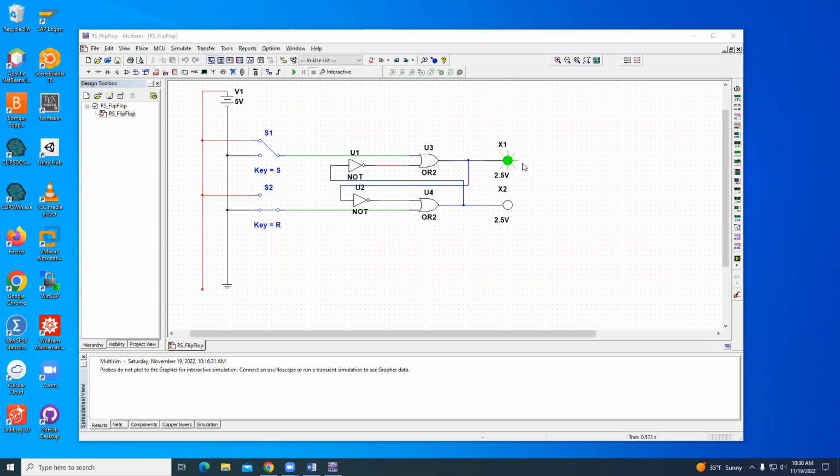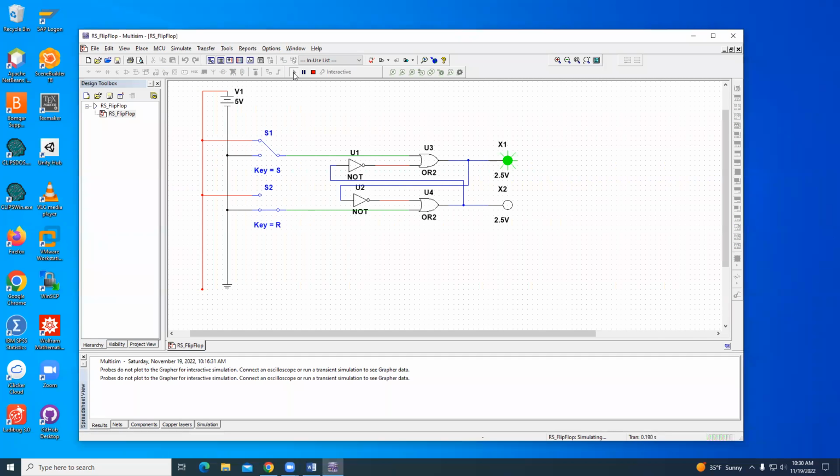But there should also be a hold state, where S and R are both low, and the OR gate is controlled by the feedback portion rather than the R and the S. So we are not forcing something high or low by our input, but just relying on the feedback. We're relying on what we were before, so we will be holding.